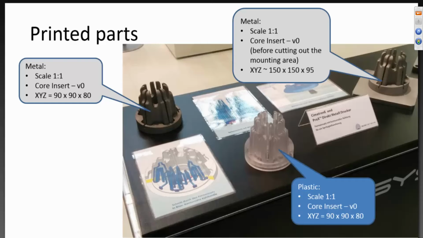So here's the result. Now you can actually see it brought to life. We printed this core both in metal and in plastic. I want you to pay attention to the overall sizes as we look at this, so that you can understand just about how big this core was. Also, the upper right, you see that example printed. It's still sitting on the mounting block.